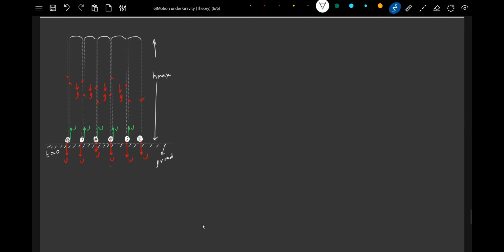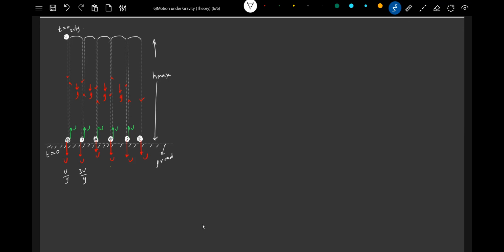Okay, here the ball will be projected from the ground from a certain height. It will come and strike the ground with u/g. It will ascend here to u/g. Then 3u/g.